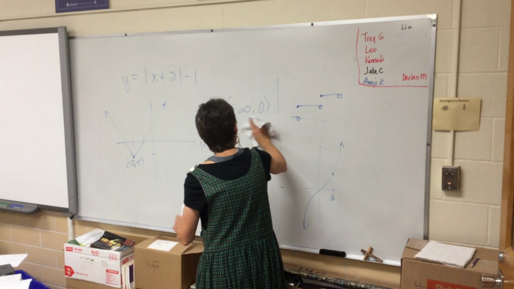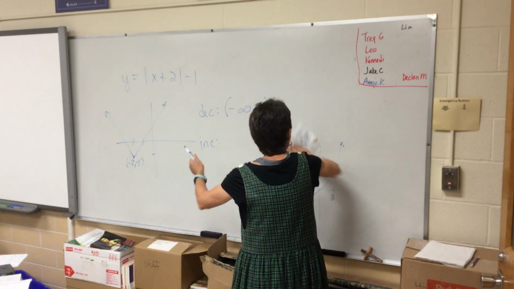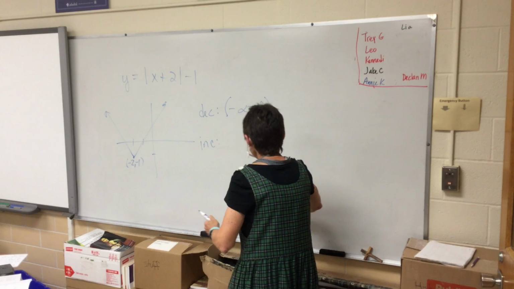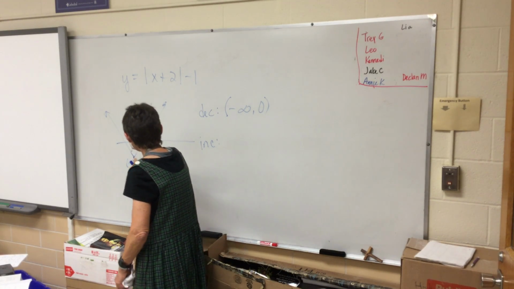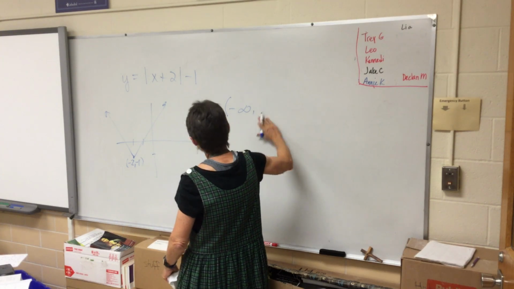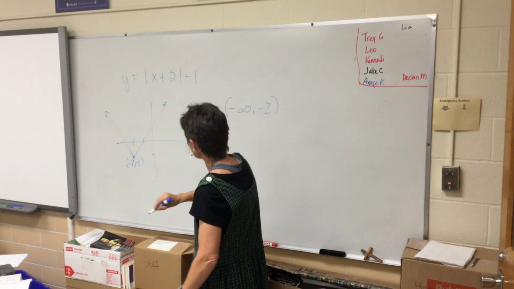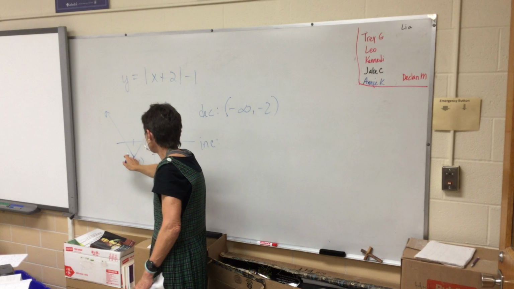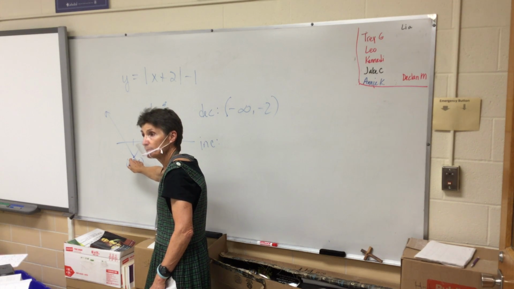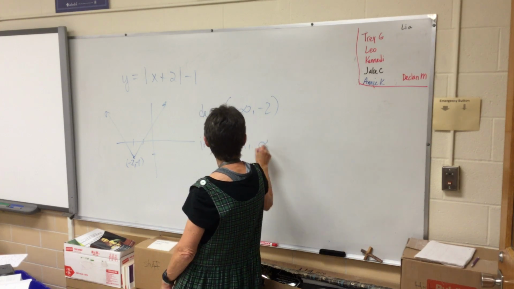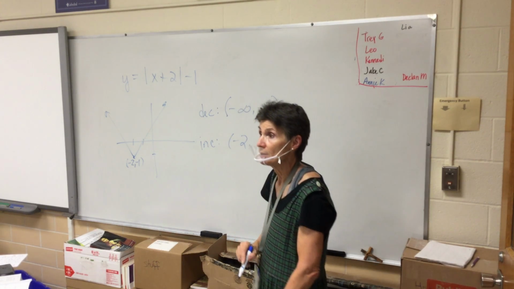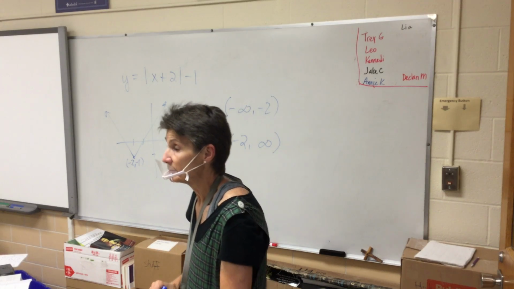We are moving left to right. That is an x motion. So as I move left to right, not to 0, decreasing to negative 2. Sorry, I thought it was at the origin. I'm decreasing until I get to negative 2. And then I am increasing from negative 2 to infinity.